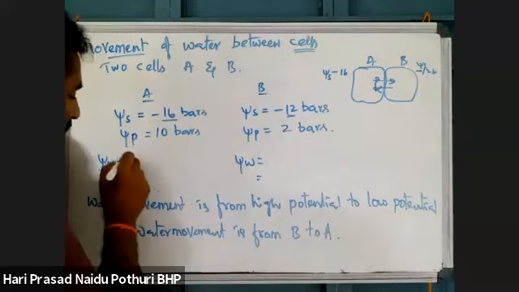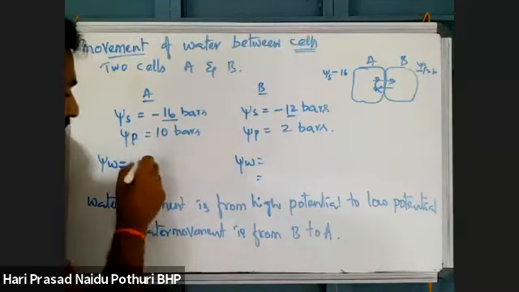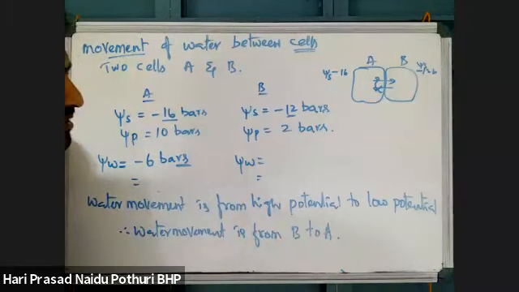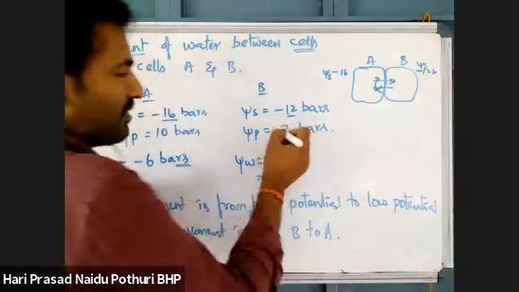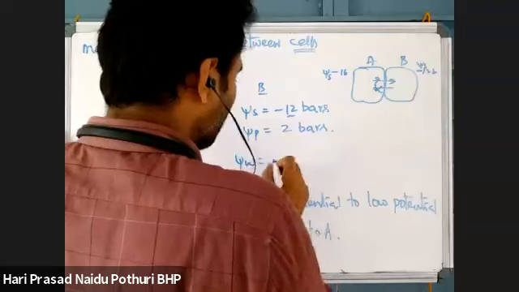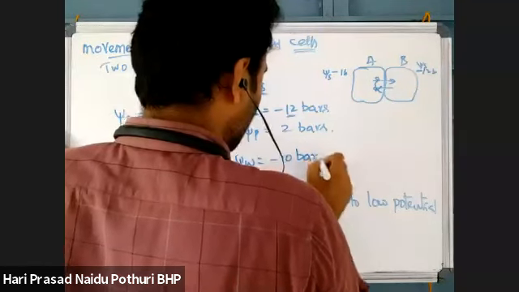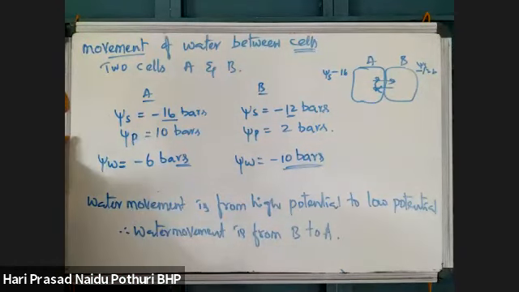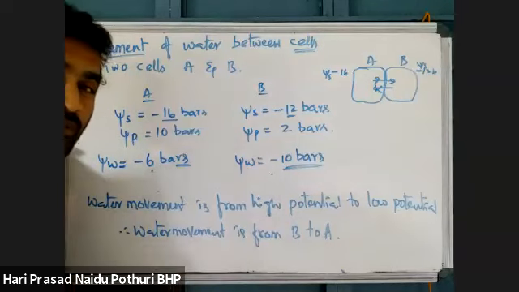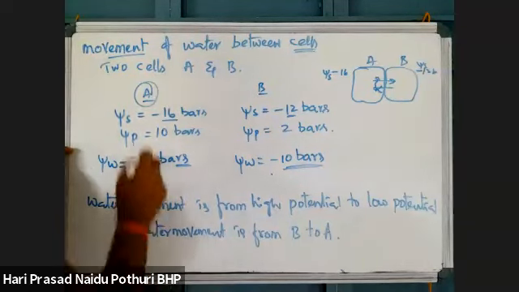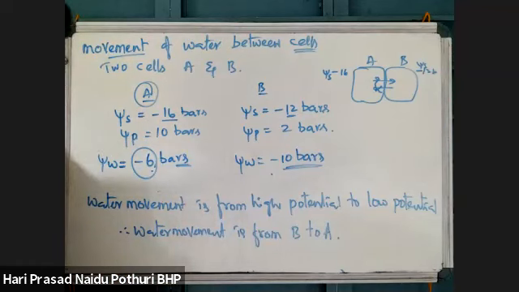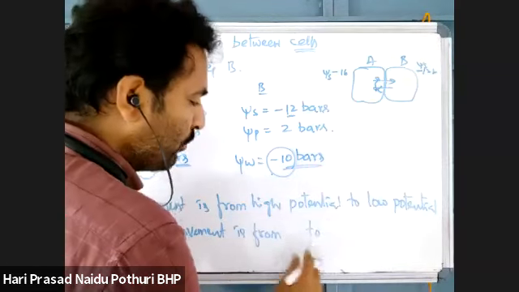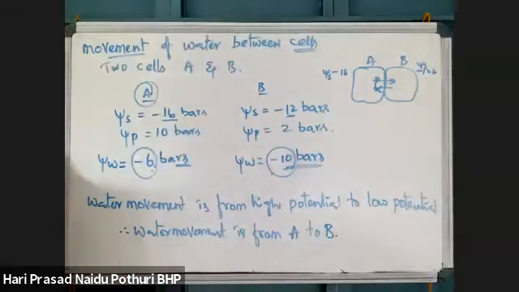Here the water potential of A is minus 16 plus 10, which means minus 6 bars. Cell B has minus 12 plus 2, minus 10 bars. Now, which one has more water potential? Cell A has more water potential, minus 6. Cell B has less water potential. In this case, the movement will be A to B.